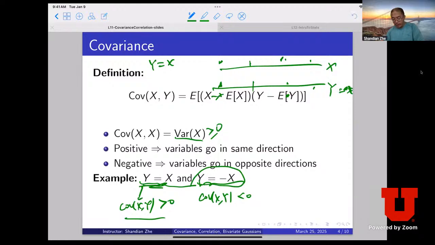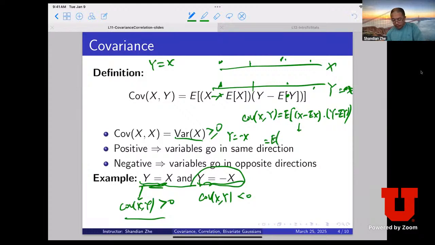Let's verify this. According to the definition, the covariance of x and y is the expectation of x minus ex times y minus ey. Now you set y to minus x and substitute into this definition.